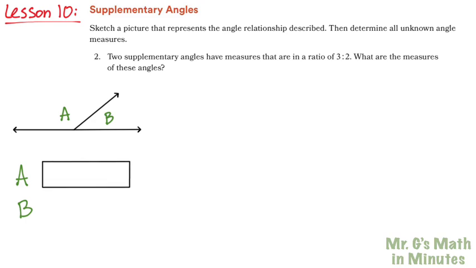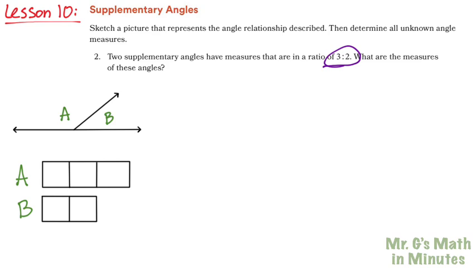So if I want to use a tape diagram to represent A, it also says that they are in a ratio of 3 to 2. So because my A is my bigger one, I'm going to let that one be the 3. To represent this one is going to be 1, 2, 3 boxes. To represent B, it's going to be 2 boxes.